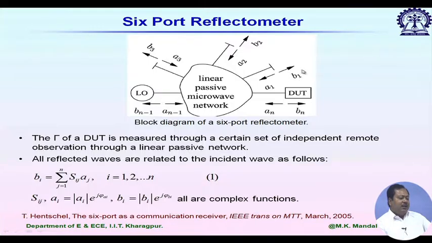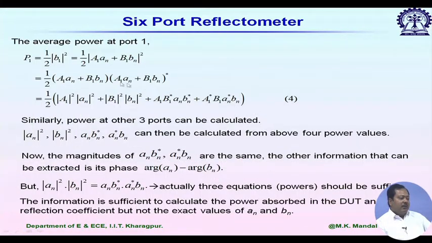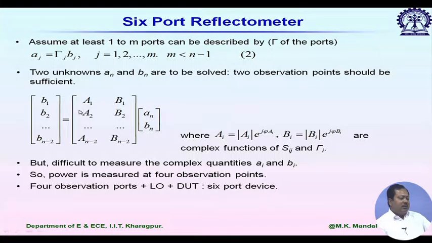So, B1 represents the signal coming out from port 1. So, if I take time average, then we have a factor of half. So, this is then half B1 square, or from the matrix, B1 is equal to capital A1 multiplied by small an plus capital B1 multiplied by small bn.